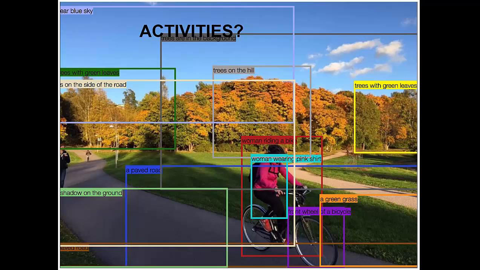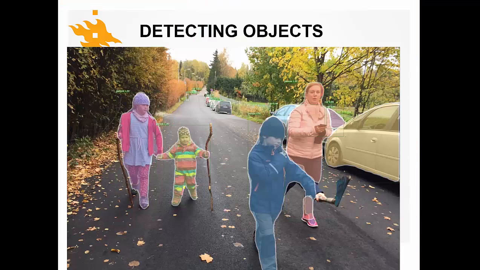Woman riding a bike, trees on a hill, trees with green leaves, and so on. And this is fairly advanced at the moment, so if we have photos like this and we want to, for example, see what the objects in there are, so there's a person, there's a person, there's a person as well, then car, and so on. And we can be counting objects and seeing what is in there for real.